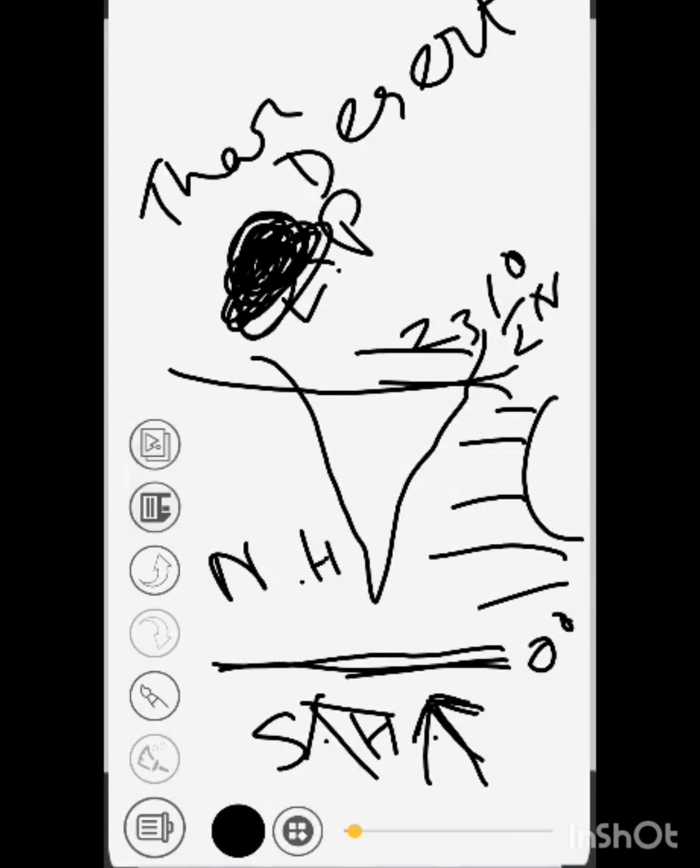Now here comes the other factor, that is Ferrel's law. Now what is Ferrel's law? We know, according to Ferrel's law, in the southern hemisphere the wind moves towards its left, and when it crosses the 0 degree and enters the northern hemisphere, the wind starts moving towards its right.